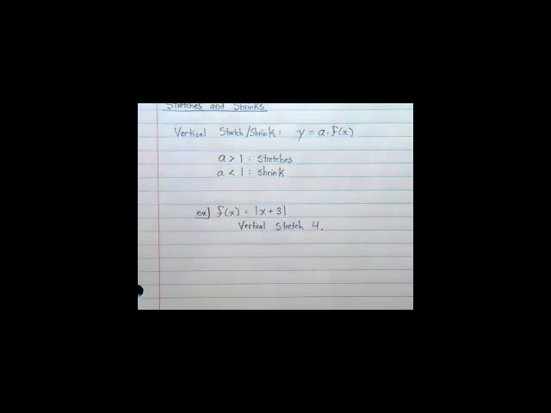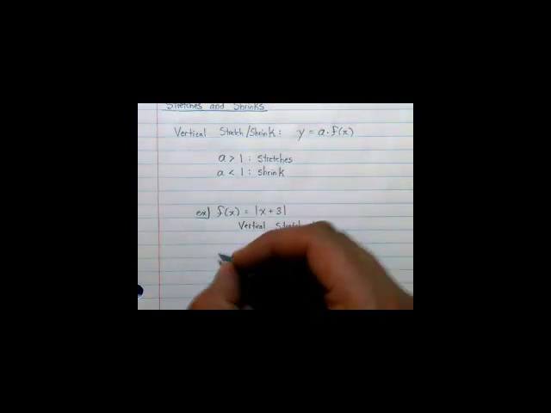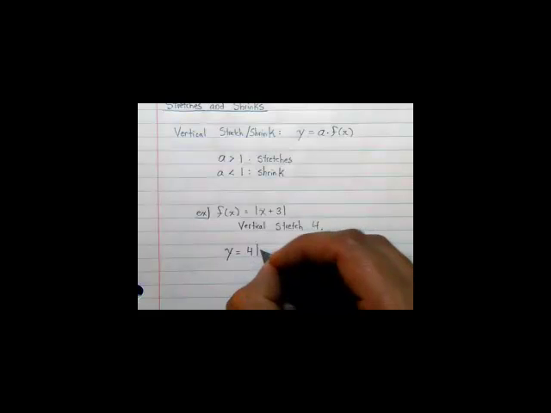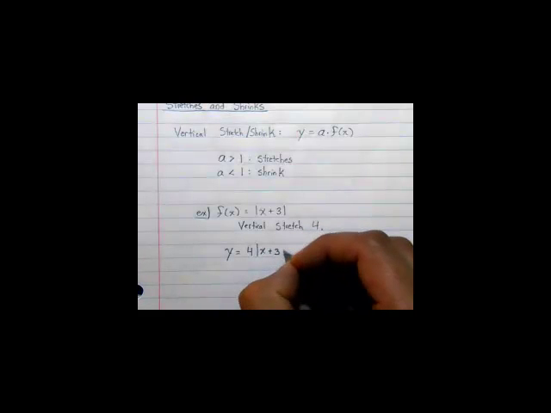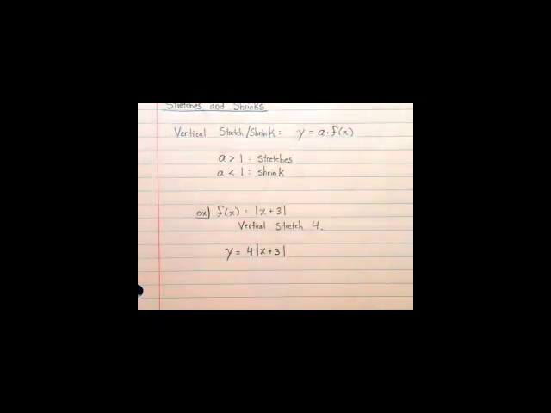If it's going to stretch by 4, then that just means I need to take that equation and put a 4 in front, just like we were talking about yesterday. Multiply the entire equation by whatever that number is to make it stretch. So those are the easy ones.